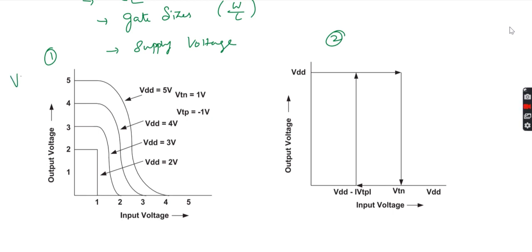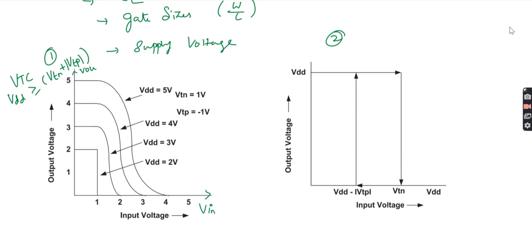We are having the VTC, voltage transfer characteristics, for VDD greater than or equal to VTN plus VTP. Now you can see the x-axis is nothing but your input voltage, and everything we are seeing is a CMOS inverter.